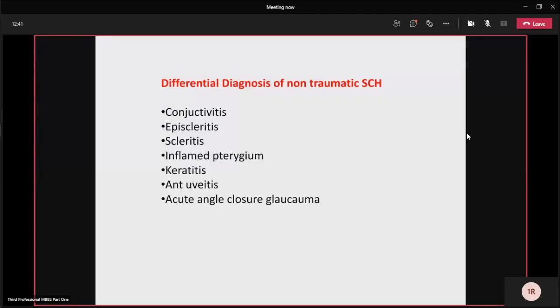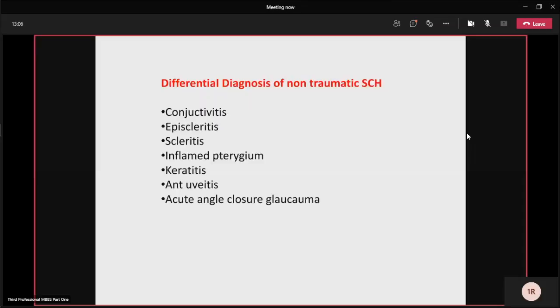So the congestion will disappear. But in scleritis it will not disappear. In scleritis the congestion is there, maybe localized, maybe nodular, sectoral, diffuse, but that will be associated with pain. And you will find a history of recurrent joint pain, like rheumatoid arthritis.